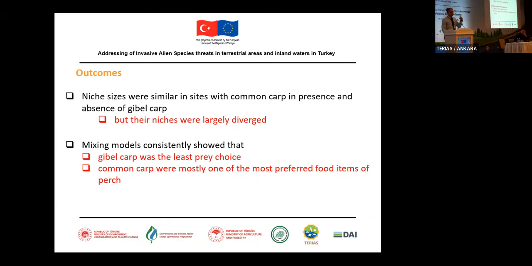For instance, roach, Rutilus, was the top preferred food item of perch here, and also Alburnus species. I'm not sure of the species, but as a genus, probably because it's a slim, fit species. But gibel carp somehow managed to find a way to fight back against this predator pressure.